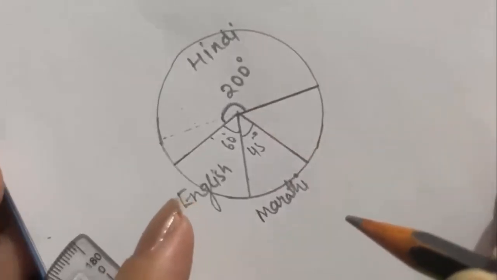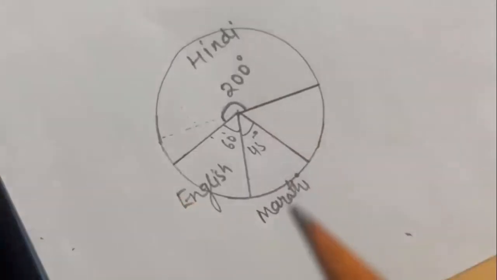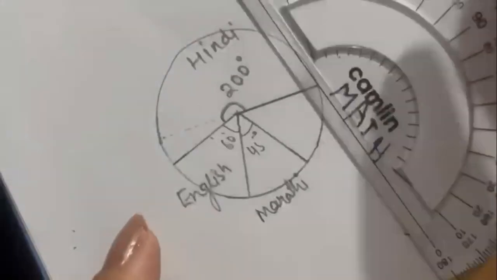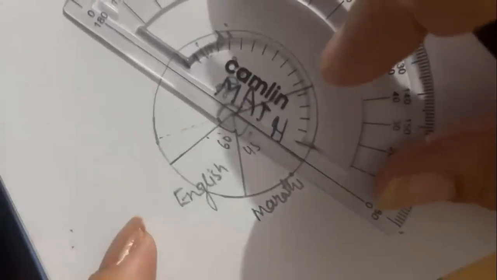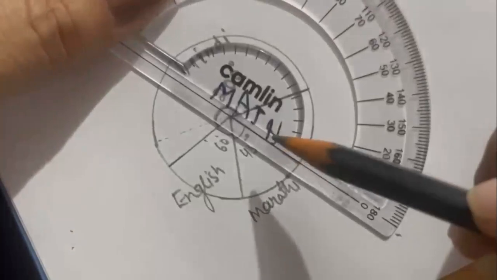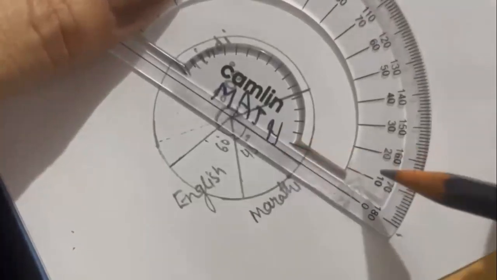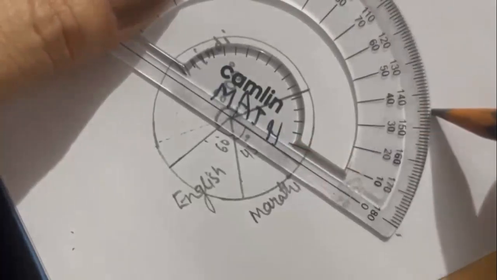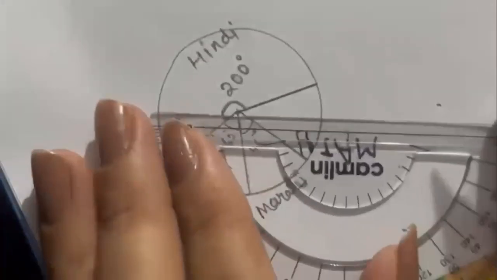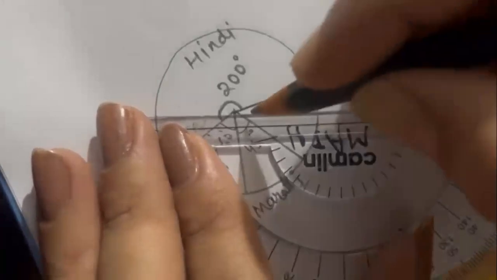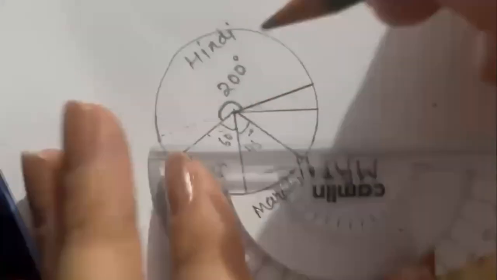Right, now next Tamil. For Tamil 35 degrees. Okay, so now this is the last drawn line, so this will work as baseline. Okay, so this one now 35 degree. So you can see our line is going towards this side, so 0, 10, 20, 30, 40. So between 30 and 40 this 35 will come. This is the point, right? Now we'll join center point and this line point. Okay, means this line.